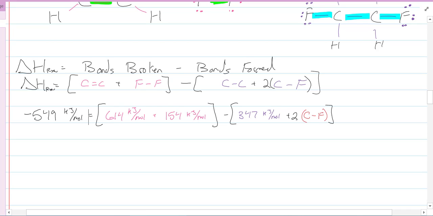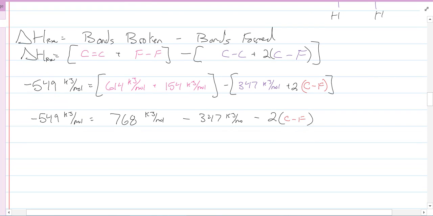Okay, so now let's get out the parentheses here. I got negative 549 kilojoules per mole equals, this happens to be 768 kilojoules per mole minus 347 kilojoules per mole minus 2 times CF. So I had to distribute that negative 1 right here.